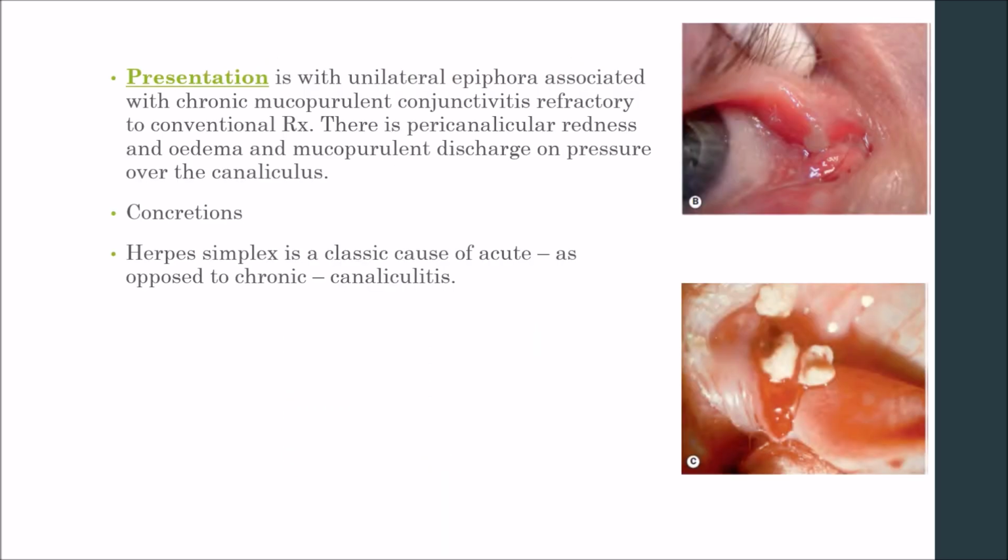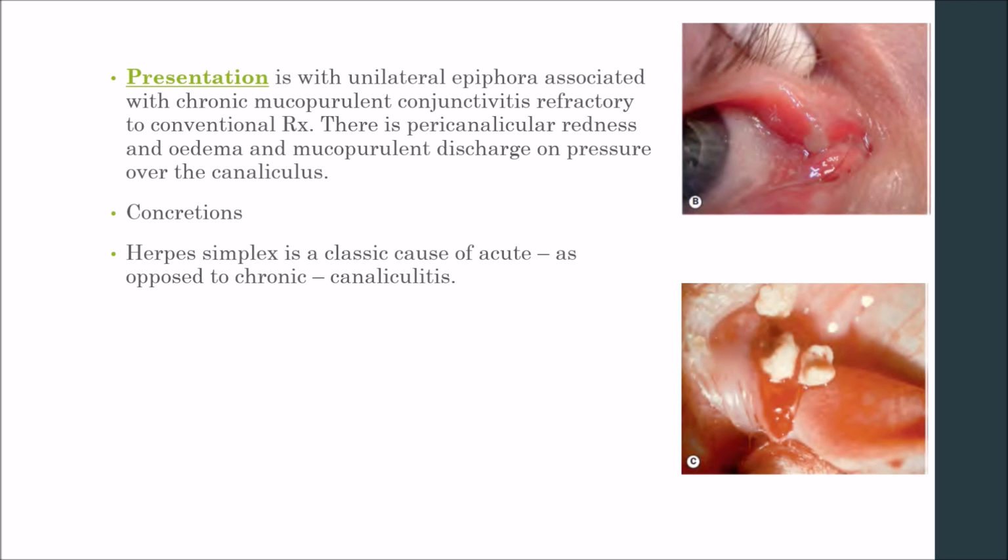Patients present with unilateral epiphora associated with chronic mucopurulent conjunctivitis, which is refractory to conventional treatment, and there is pericanalicular redness and edema and mucopurulent discharge on pressure over the canaliculus, as it is seen here in the picture.